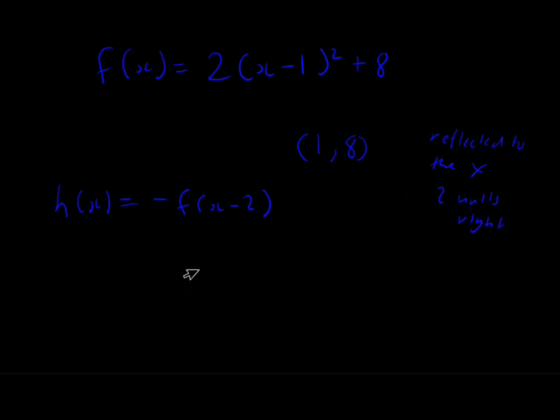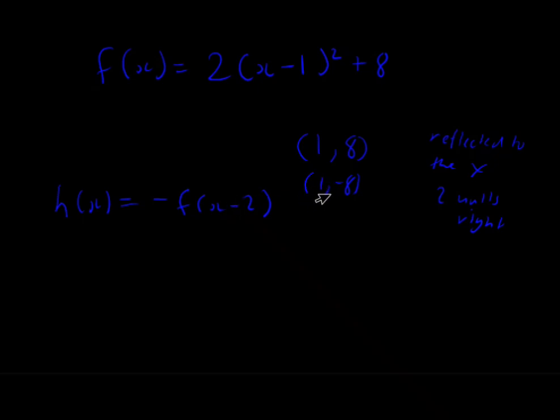So what are we going to do? All we have to do is reflect this in the x-axis. We know that when we reflect in the x-axis, y changes, so y will become negative. So far we have this. Now we have to shift it 2 units to the right, so we're just going to say this plus 2. Notice I didn't minus 2. Minus 2 only tells us that it shifted 2 units to the right.